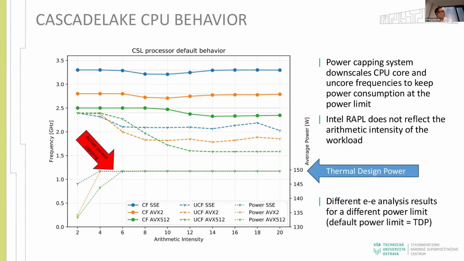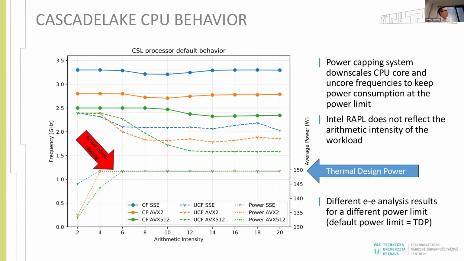For the majority of the workloads, the CPU is really running at the TDP, thermal design power. Then the power capping system automatically reduces the CPU core and uncore frequency to keep the power limit, while not really reflecting what kind of workload it executes.